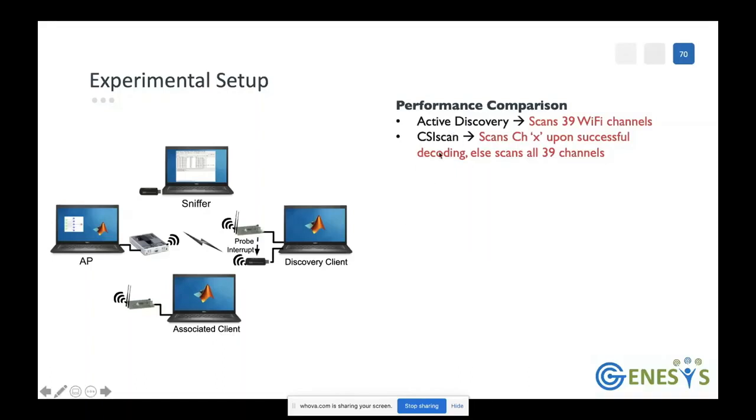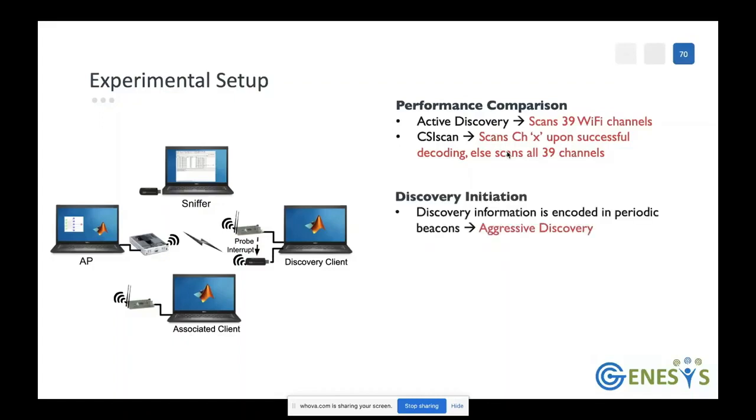On the other hand, our CSI scan only scans one channel. In our case, we decided on one particular channel upon successful decoding of the information bit. If it is not able to decode this information, it scans all the 39 channels like active discovery. So this was our performance comparison protocol.